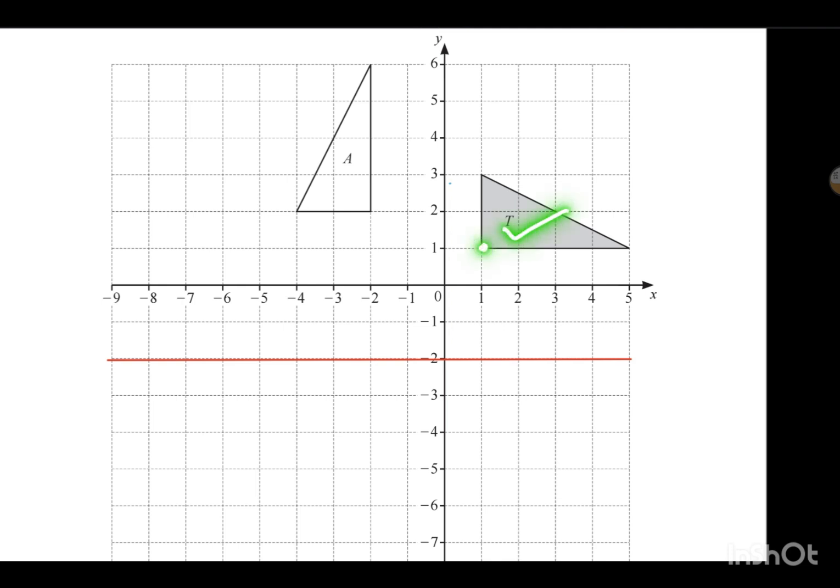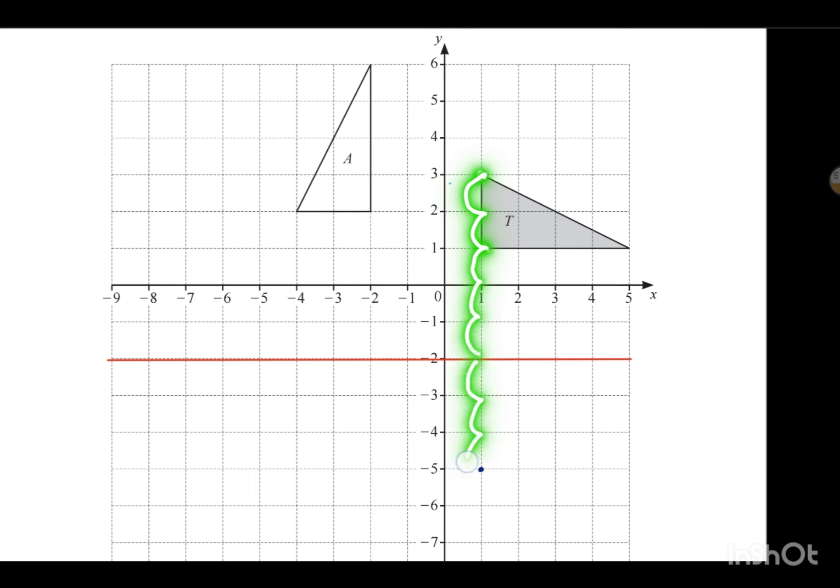Let us take this vertex. This is 1, 2, 3 boxes above the line of reflection. So below, 1, 2, 3, this will be our coordinate. This one is here. We have done for this. For this one, it's 1, 2, 3, 4, 5.